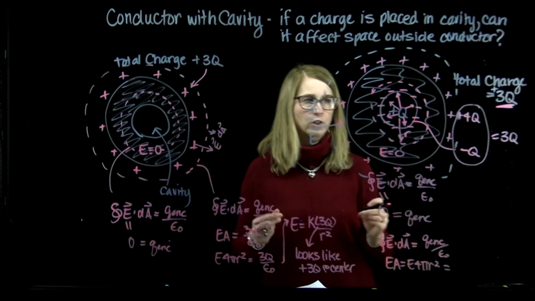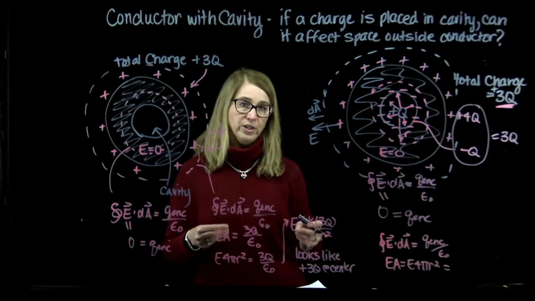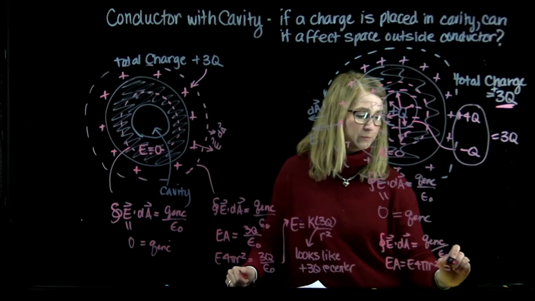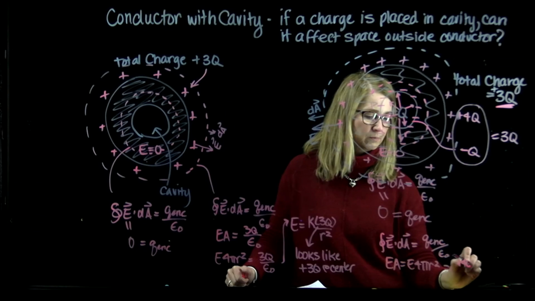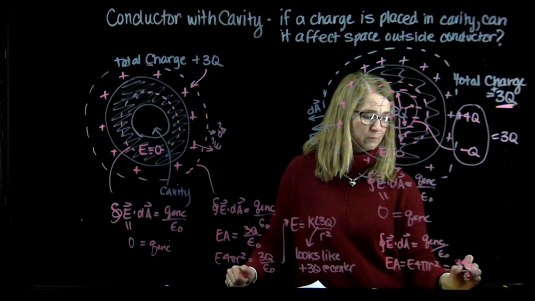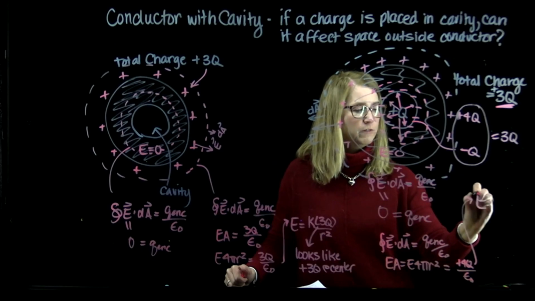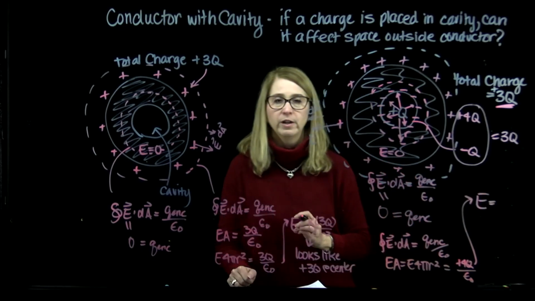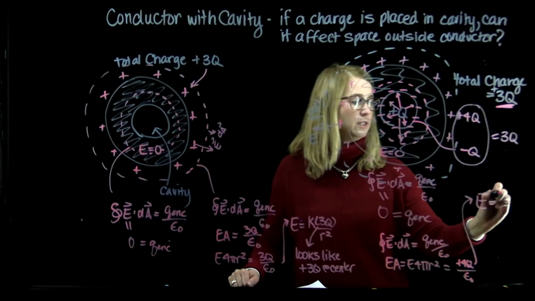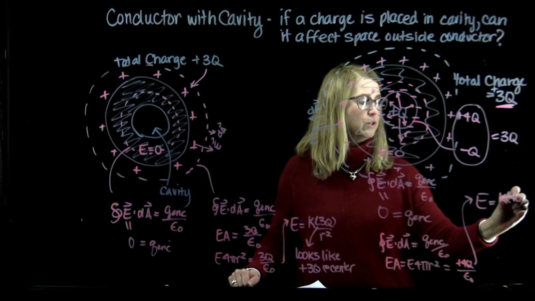So I actually have enclosed a total charge now of plus 4Q. And so when I solve for the electric field of this scenario, it's K times 4Q over R squared.